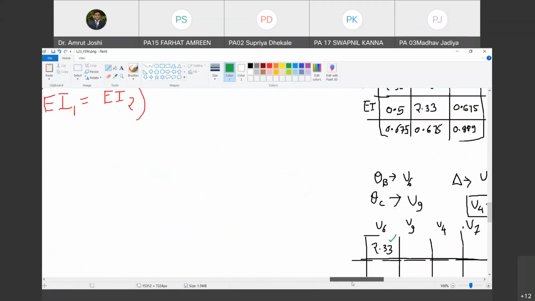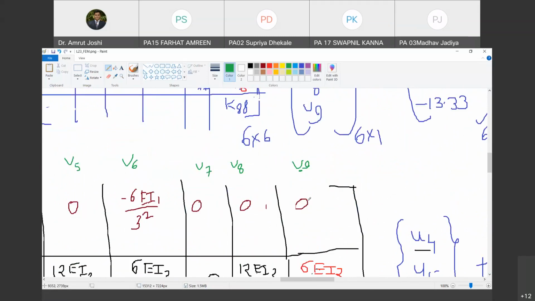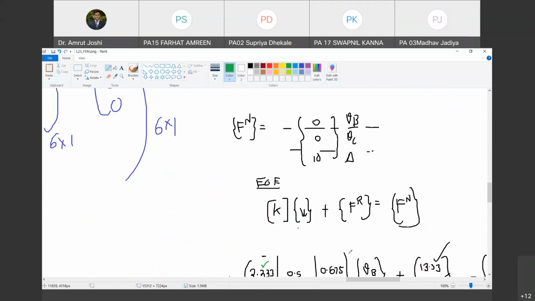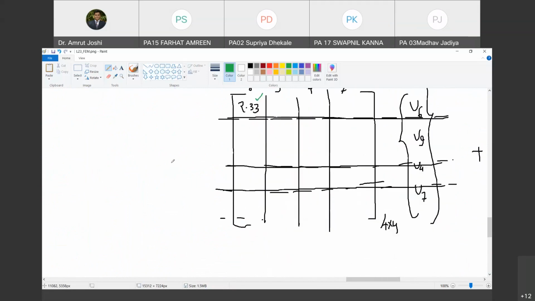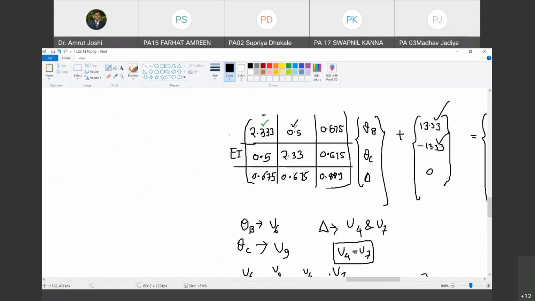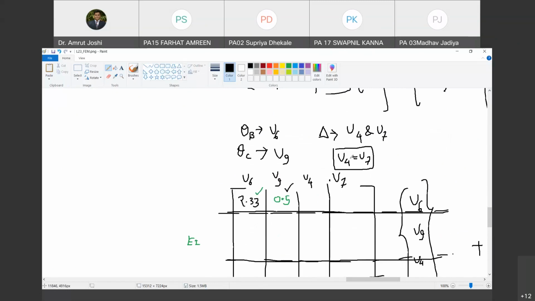U9 एंड U6. तो U9 का कॉलम देखना है और U6 मतलब थर्ड रो. So it is 2EI by 4. Do you agree? Yes, sir. So it is 0.5. EI is sitting outside. So ये तो मिल गया 0.5. Happy? This 0.5 matches with this 0.5. समझ में आ रहा है? Yes, sir.